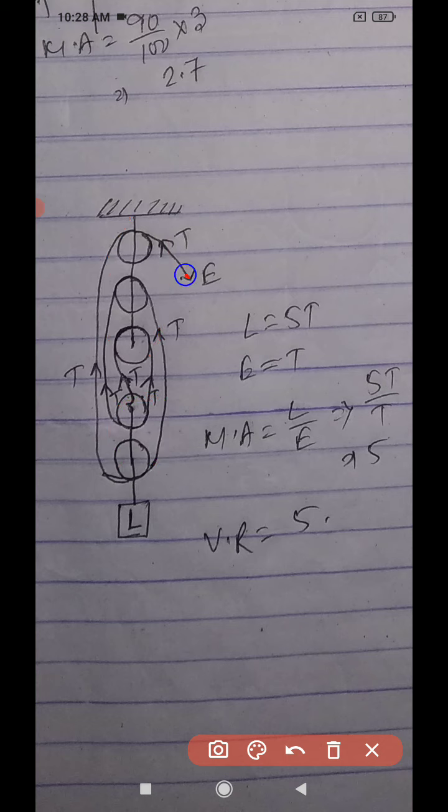So here you can see the rope is passed this way, below, then above, then below, then above, then here. So the number of tensions, see, away from it, 1, 2, 3, 4, here 5. I think you can understand. And effort is balancing one tension, so load is 5T, so velocity ratio 5, mechanical advantage 5.